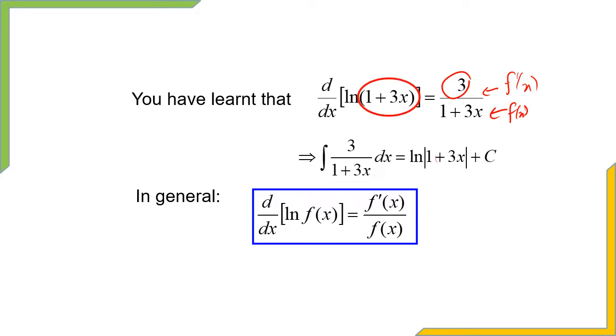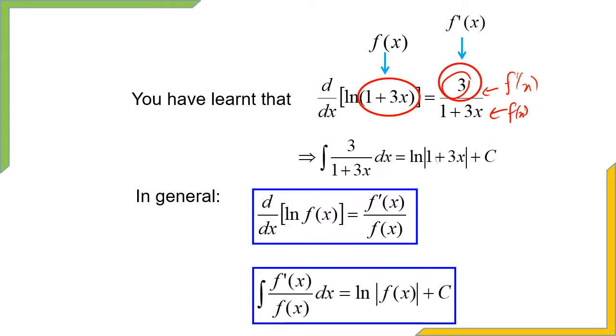So, the integral of f prime x over f(x) with respect to x will give you natural log of absolute f(x) plus c. Okay, just the reverse process of the differentiation. So, we can apply the special formula, reversing using the antiderivative.